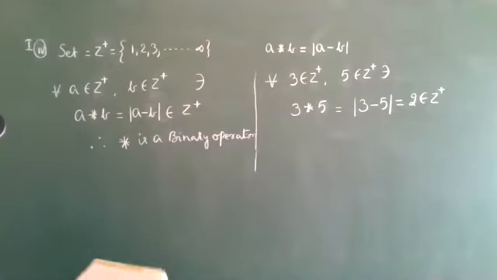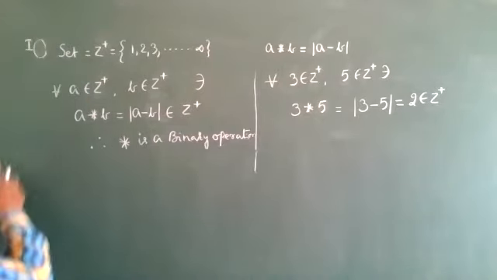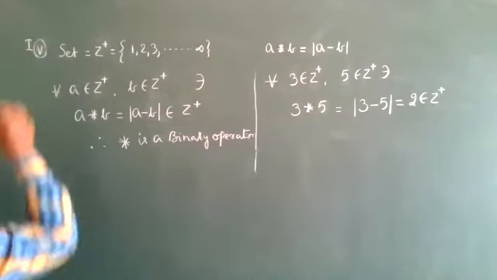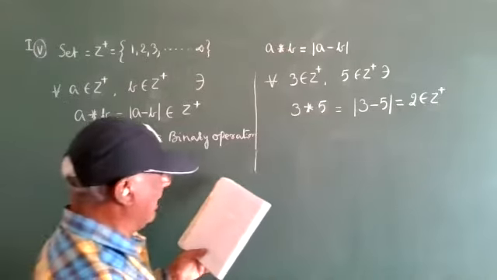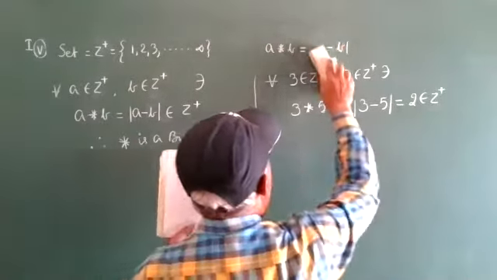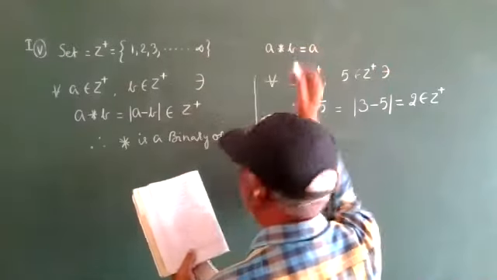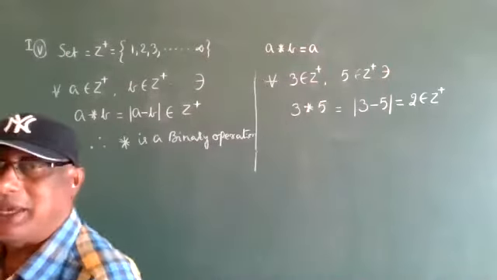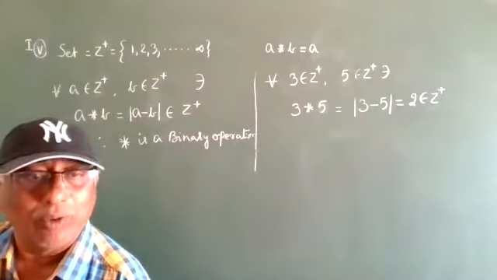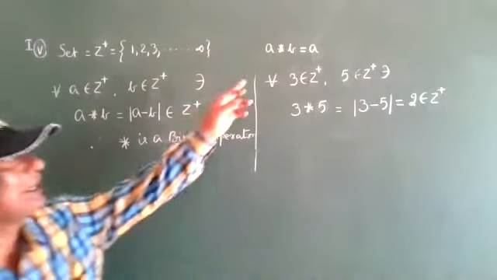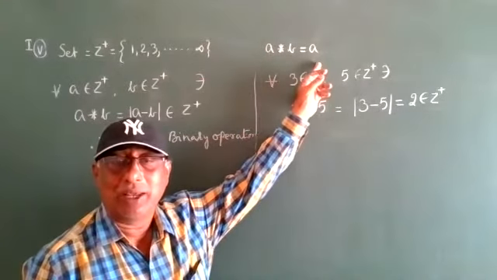Write the fifth bit. The set is given by Z plus. Star is given by A star B equals A only. B is an identity element, so B is 1, and A into 1 is A only.